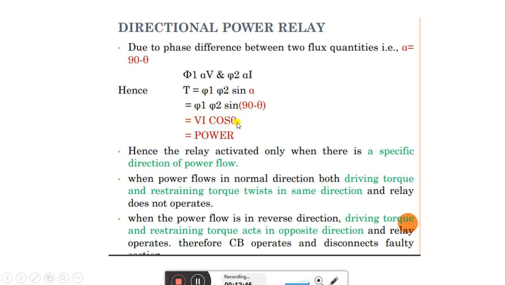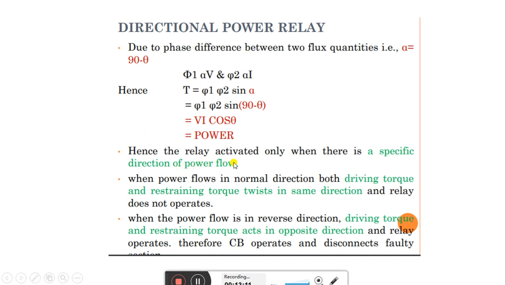This VI cos theta is nothing but power. That's why the directional power relay is so named: it measures the power and trips the protection circuit whenever the power direction changes as per the set limit.